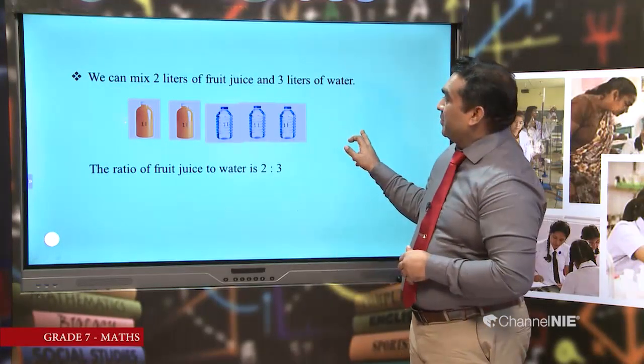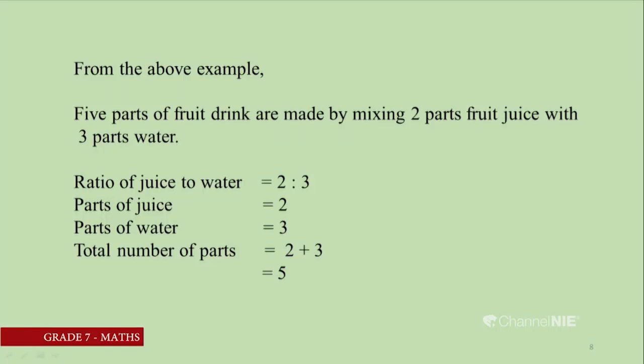From the above example, we can see 5 parts of fruit drink are made by mixing 2 parts fruit juice with 3 parts of water. Here, what is the ratio? The ratio of juice to water is 2 is to 3. Parts of juice 2, parts of water 3.